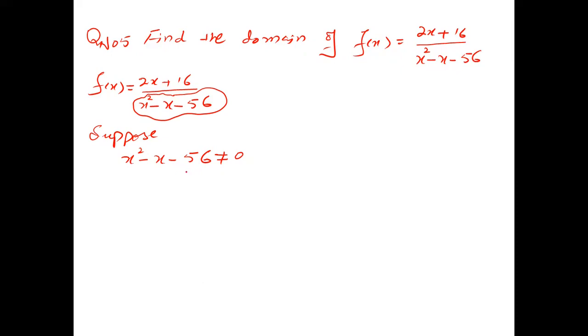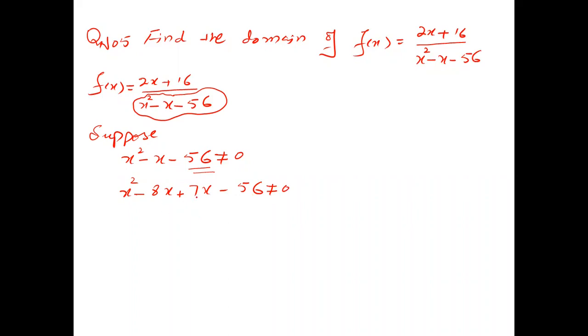Simplest way is factorization or middle term break. We have to factorize 56. So 7 eights are 56. So x square minus 8x plus 7x minus 56 is not equal to 0.